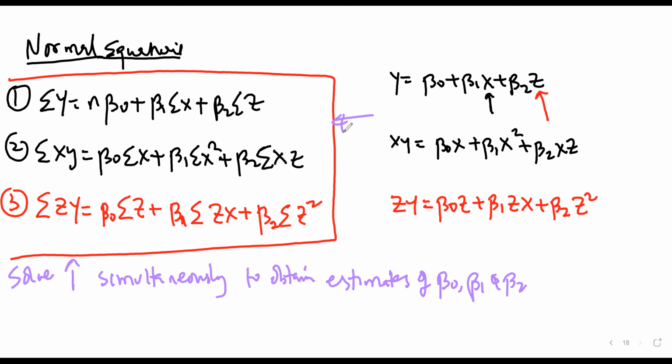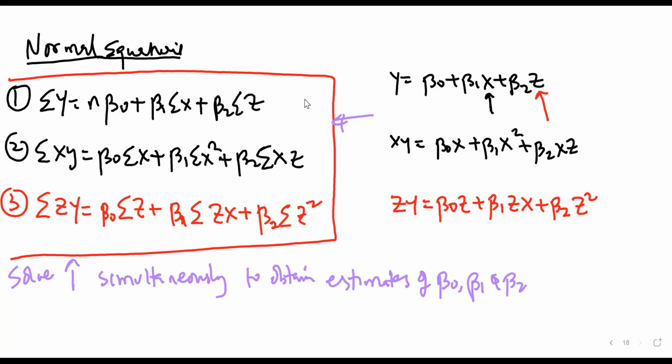You take partial derivatives and equate them to 0. You differentiate with respect to beta naught equal to 0, with respect to beta 1 equal to 0, and with respect to beta 2 equal to 0. So you end up with these three normal equations, which when solved will give us the values of beta naught, beta 1, and beta 2.